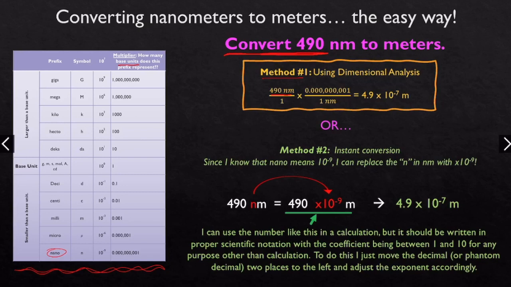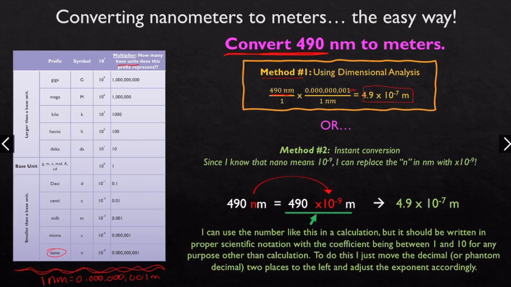So 1 nanometer is equal to that many meters. All right, and I should have put my unit up here. I should have a little m there. Then I would just plug that into my calculator, and I would get this wavelength here in meters. All right, 4.9 times 10 to the negative 7th meters.